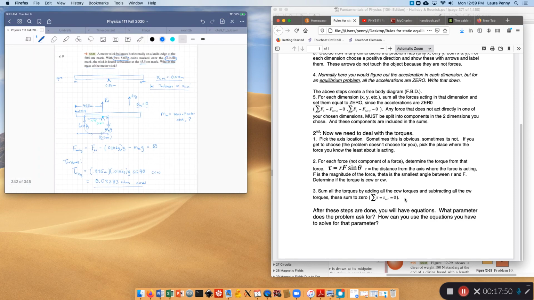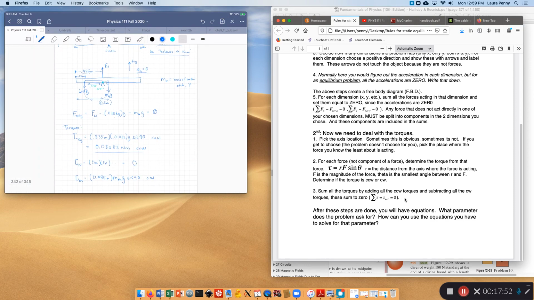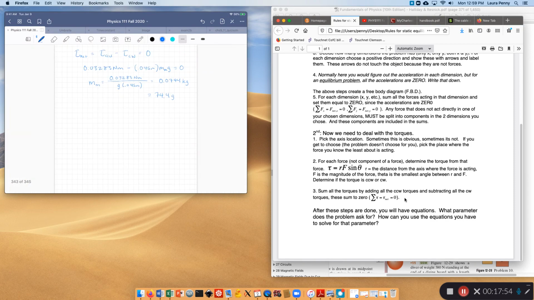Once I know the mass of the meter stick, I can actually go back and use this equation to determine the normal force if they asked me for that. Remember, this would have been the 0.010 kilograms times g plus the mass of the meter stick times g, which would have given me a normal force of 0.828 newtons.